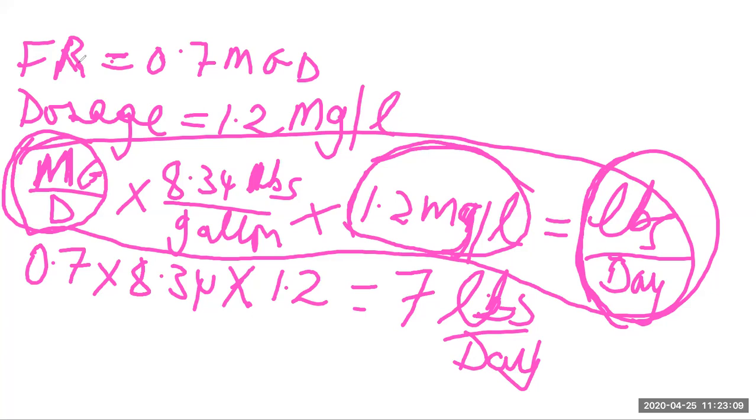I hope my calculation is correct here. 7 pounds of chlorine. All right, so it seems that we can move ahead. Alvin, any questions on the chat? Not so far. Okay, so we're moving ahead. I'm cleaning this up.